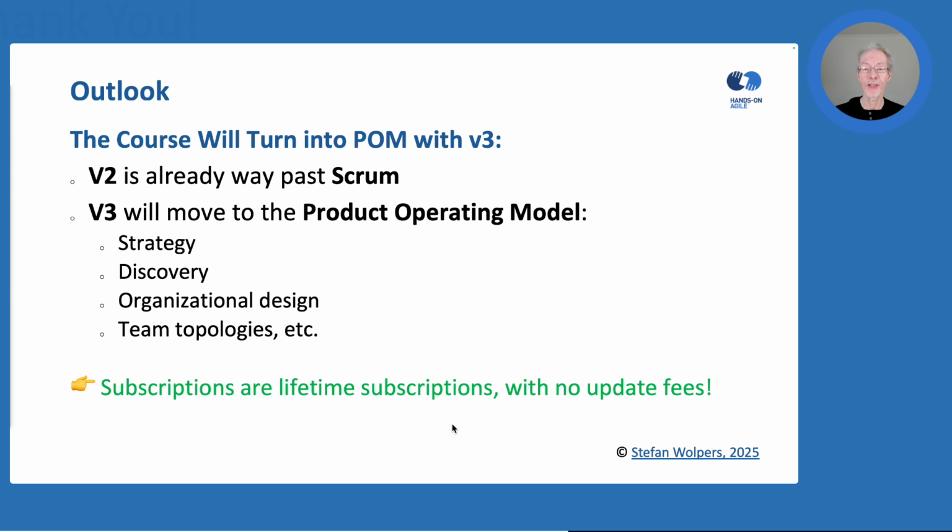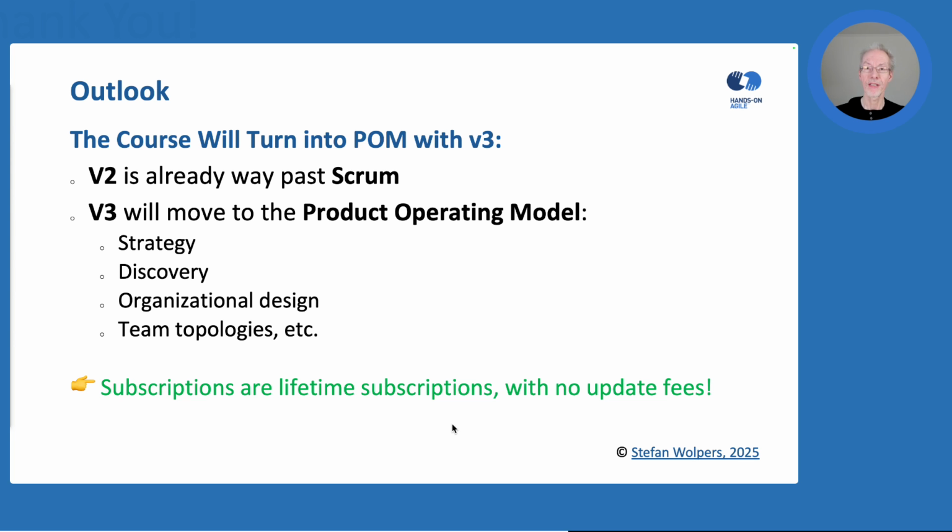Outlook. I already mentioned the course is going to develop further because version 2 is already way past Scrum. So I think the title Product Backlog Management course is not really fitting, but okay, I stick with it for this time. But version 3 will certainly move closer to the product operating model. So I will spend more time on strategy, product discovery, organizational designs, team topology.